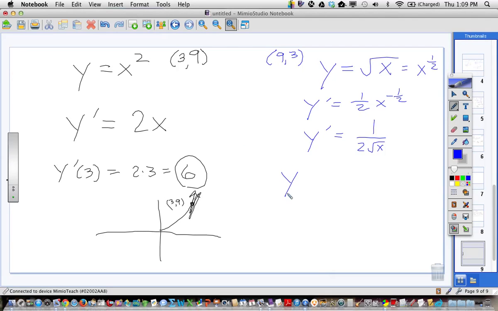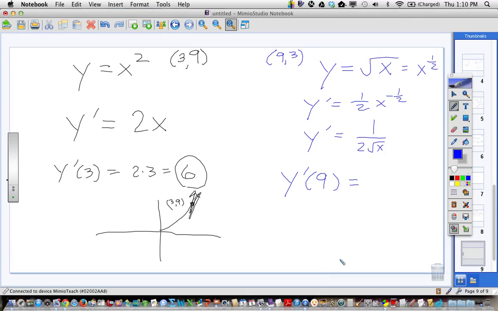Now, see if you're following this at all. What would be the slope of interest here, at what point? The input of this is the output of that.